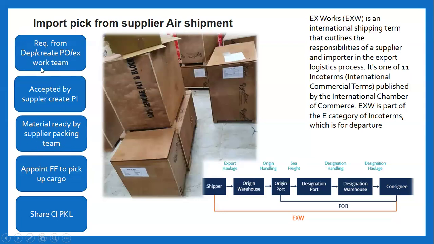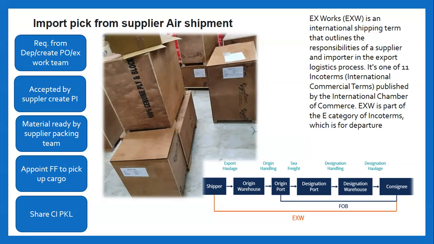So at this stage the importer will appoint the freight forwarder to pick up goods from the supplier factory. He takes rates from different freight forwarders as per the volume and weight given by the supplier.